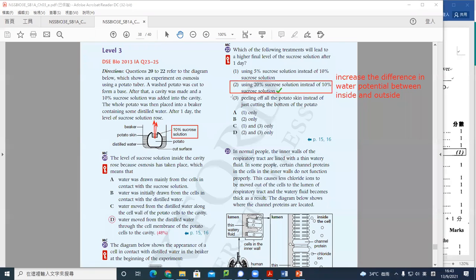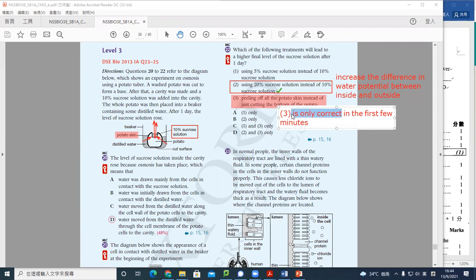You wonder whether statement 3 is correct. It means to take off all the potato skin so that water can move more quickly into the potato, right? This is only correct in the first few minutes.